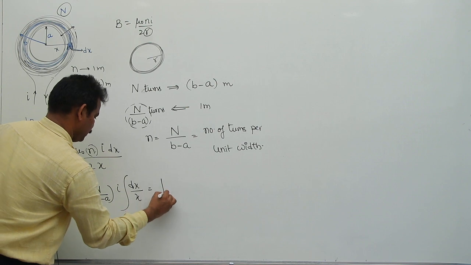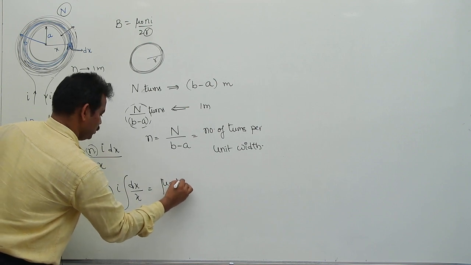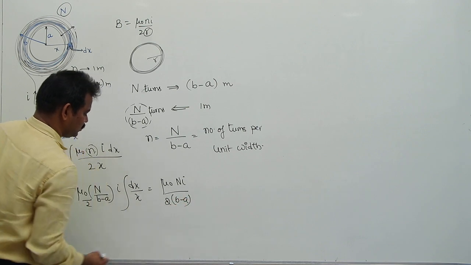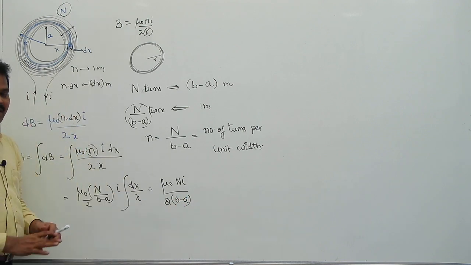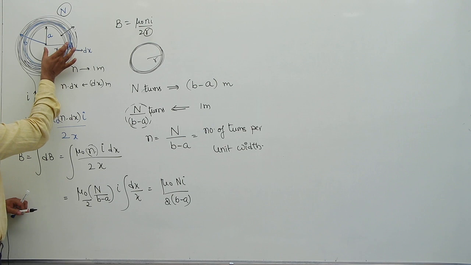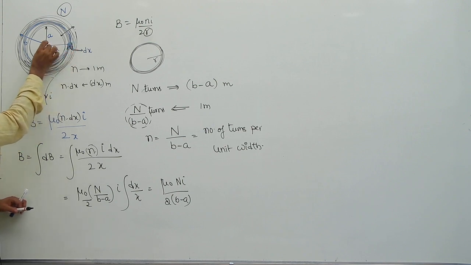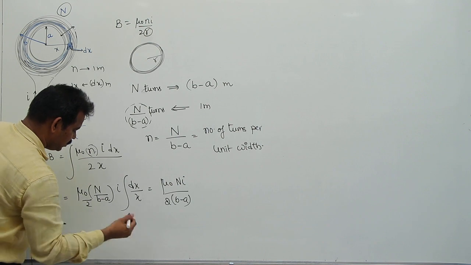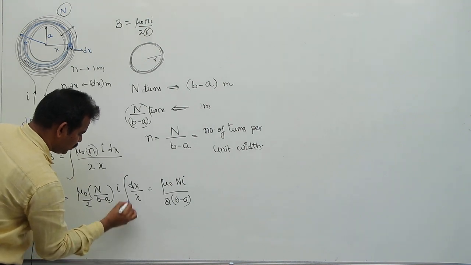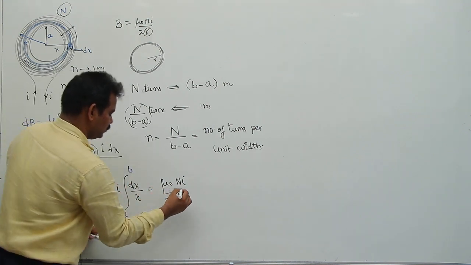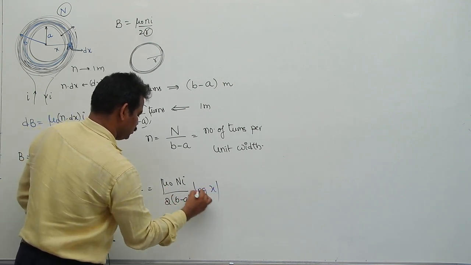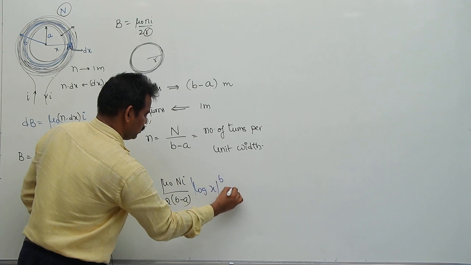So this will be mu naught N I by 2 into b minus a, integral dx by x. Here x is the variable, the minimum value of x is a, the maximum value of x is b. So I am going to write the limits as a and b. This will be log of x with the limits a and b.